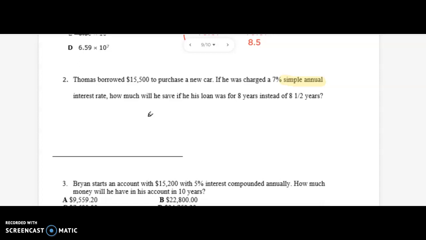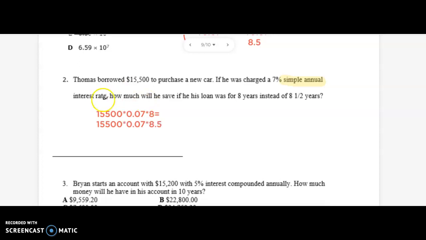So what we're going to do here is we will do our 15,500 times 0.07 times 8. Equals, and then we have our 15,500 times 0.07 times 8.5. All right, and that will be equal to.